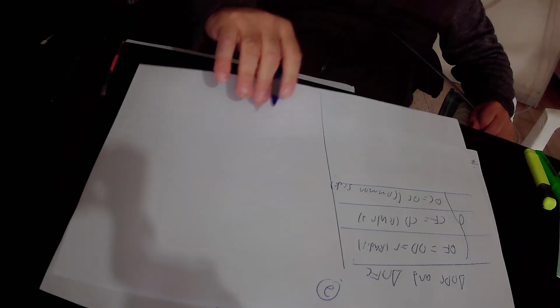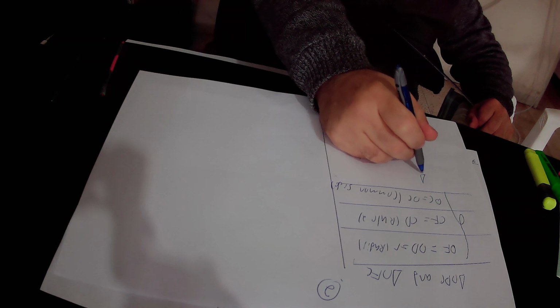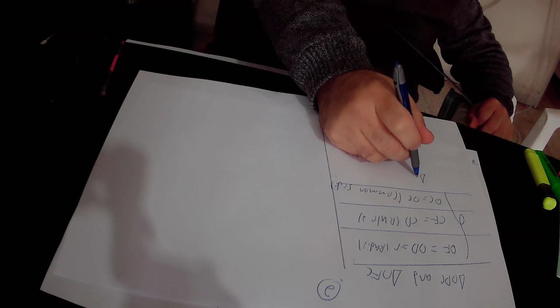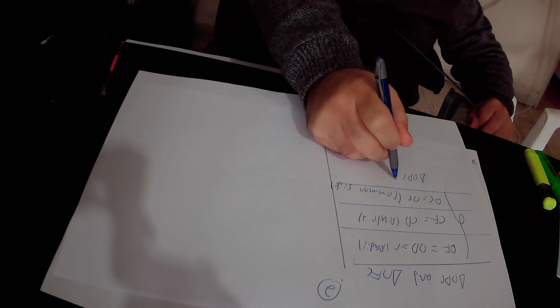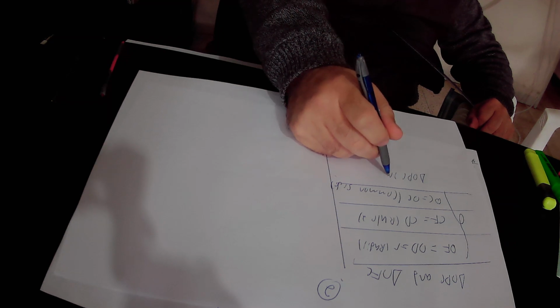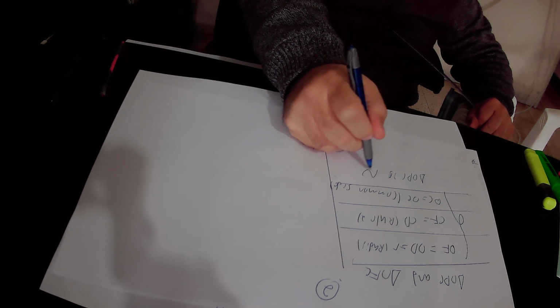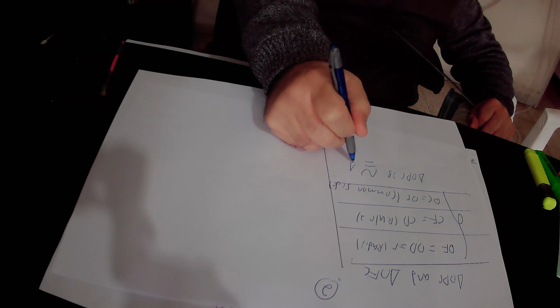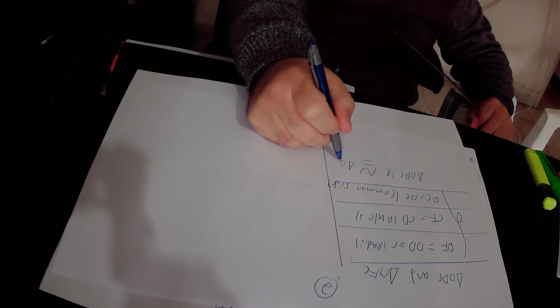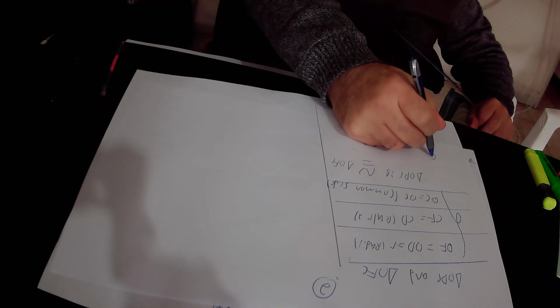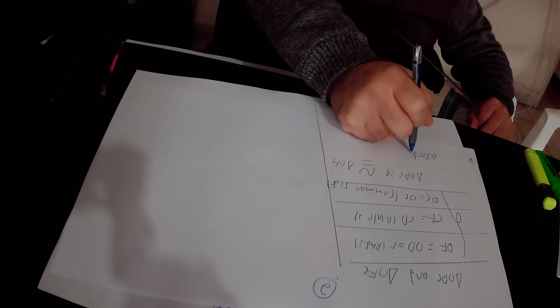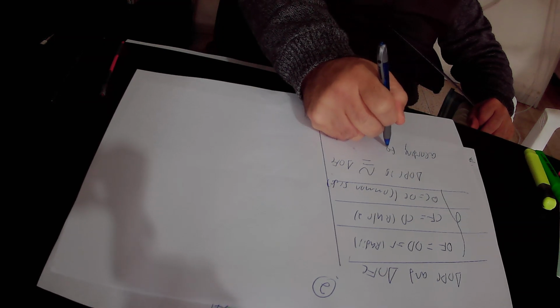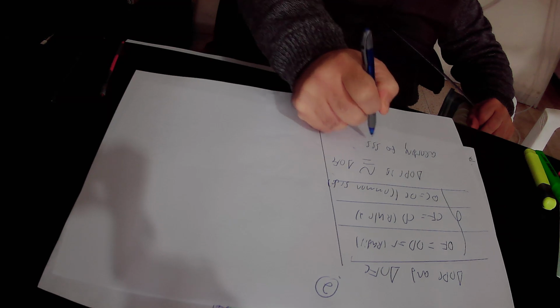So I write it down: triangle ODC is congruent to triangle OFC according to the side rule.